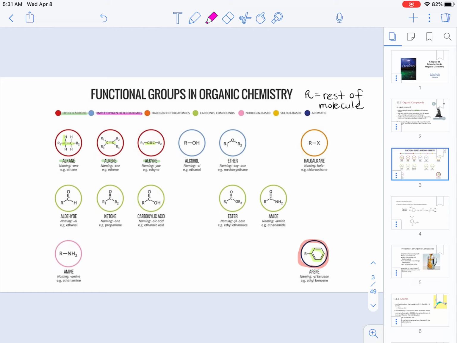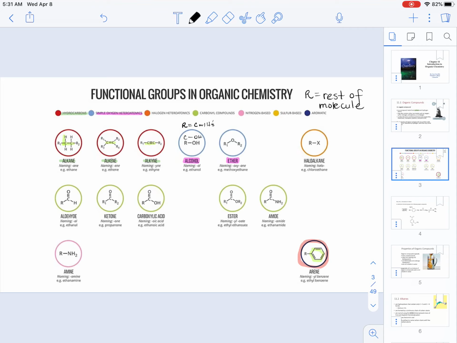So out of that family, we have two groups, an alcohol and ethers. So in the case of an alcohol, the R group is going to be carbon with hydrogens. So you need to have a carbon atom which is bonded to an OH in order to have an alcohol.